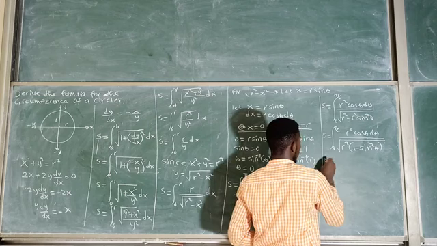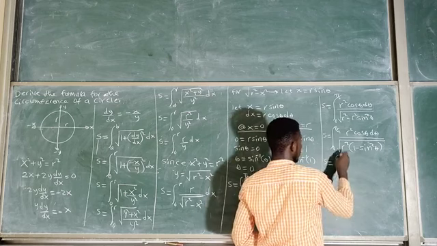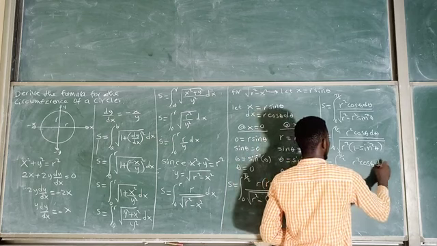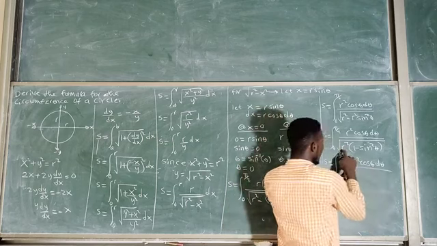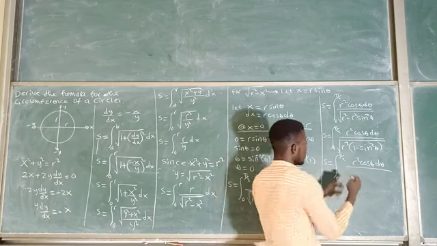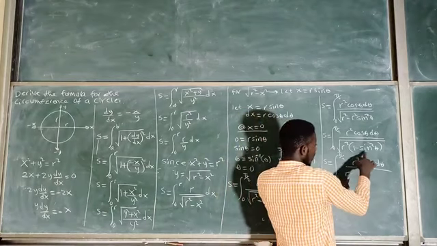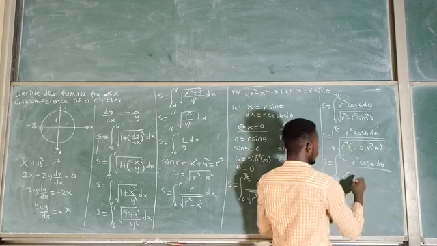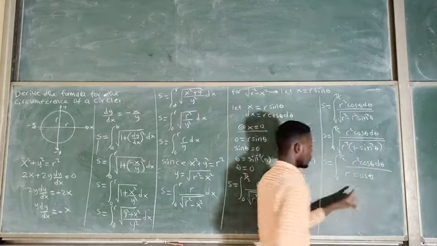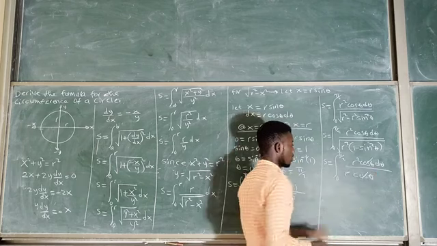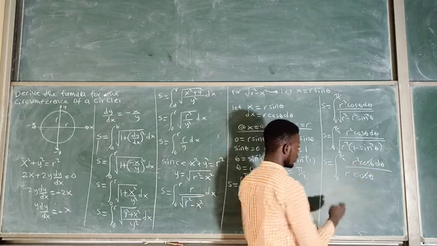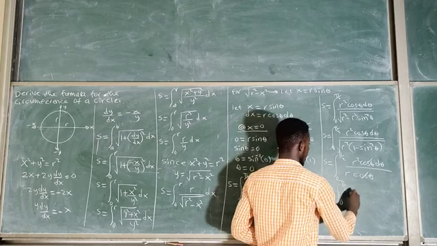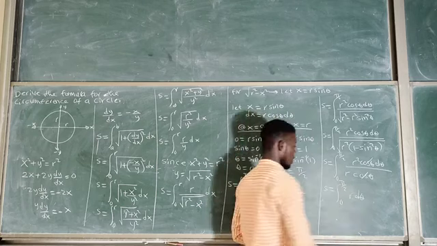So I have s equal to the integral from 0 to pi by 2 of r squared cos theta d theta, all divided by, this r squared leaves the square root as r, so I have r, and 1 minus sin squared theta is cos squared theta. And cos squared theta under the square root becomes cos theta. So cos theta and cos theta cancel, and r squared over r goes down to r. So s is equal to the integral from 0 to pi by 2 of r d theta.